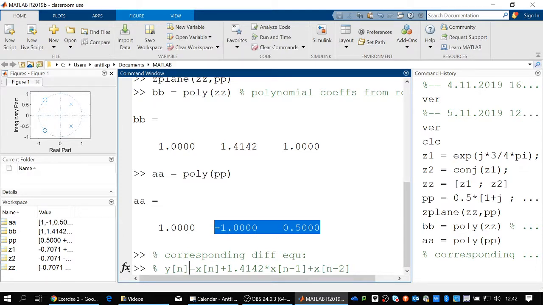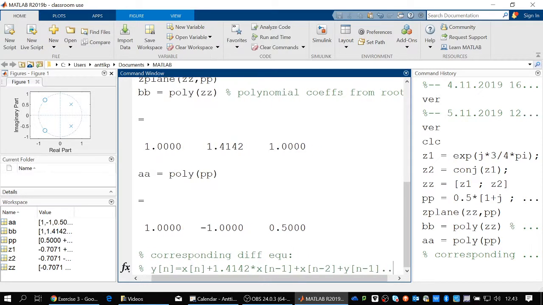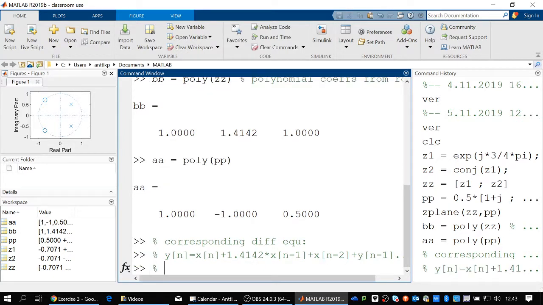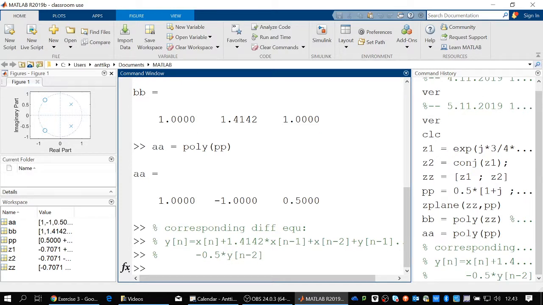And remember, when you move those to the other side, then this would be not minus but plus y of n minus 1, and then minus 0.5 times y of n minus 2. So that's the difference equation based on those polynomial coefficients or system coefficients.